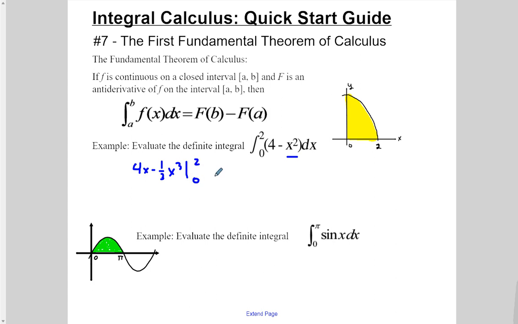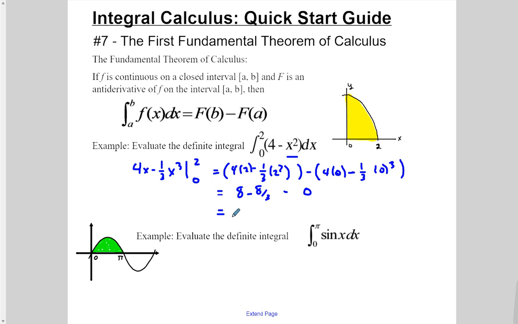This is a notation right here, which means take 4 times 2 minus 1/3 of 2 squared, and subtract from that 4 times 0 minus 1/3 of 0 cubed, and work out the numbers, which is 8 minus 8/3, all minus, well, 4 times 0 minus 1/3 of 0 cubed is 0.